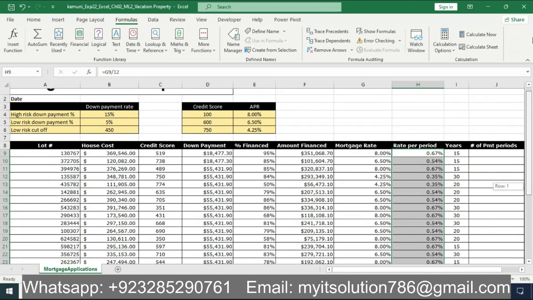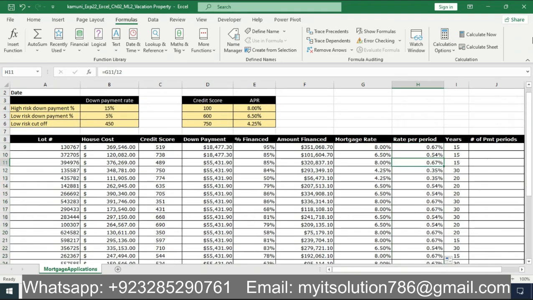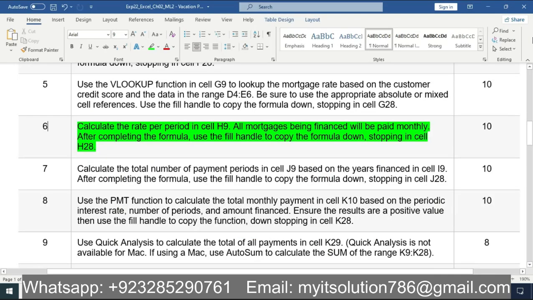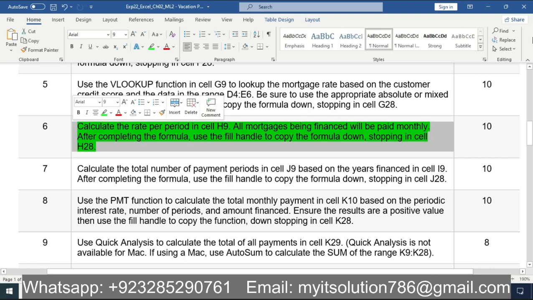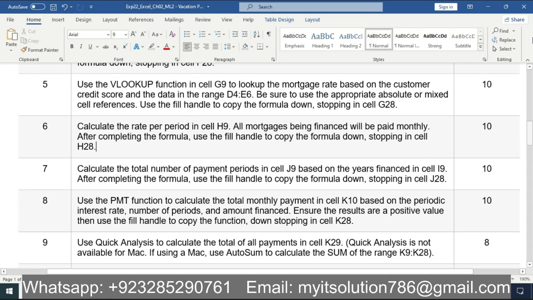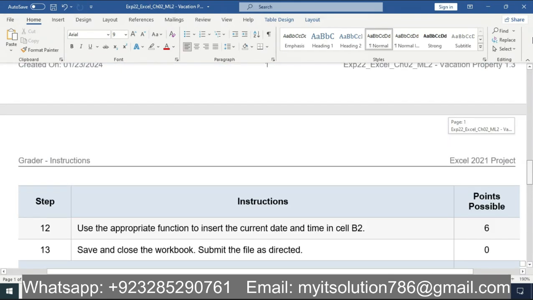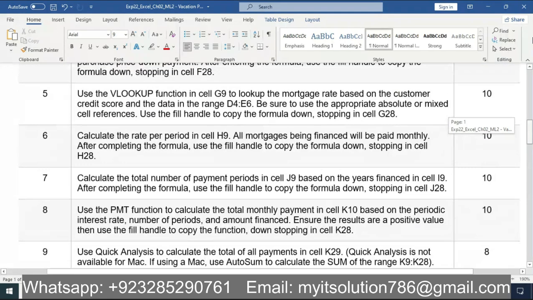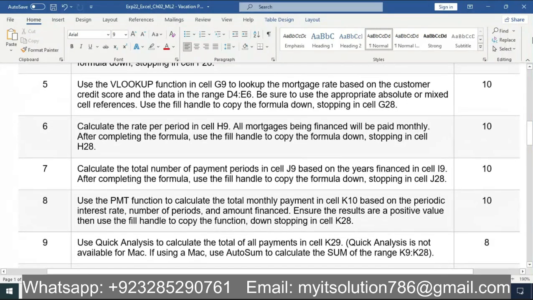So here is the value that is required for rate per period. So I have completed the 6th step of this assignment, and this assignment consists of 12 steps.